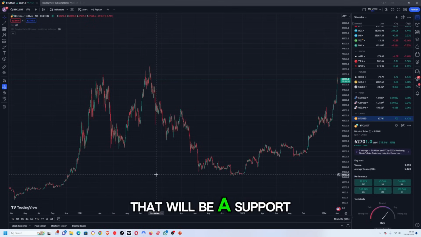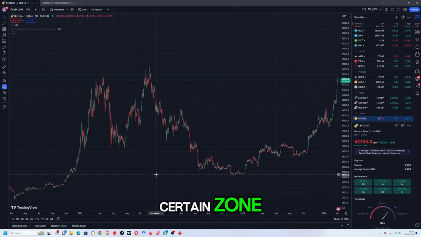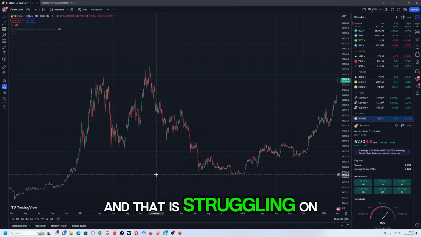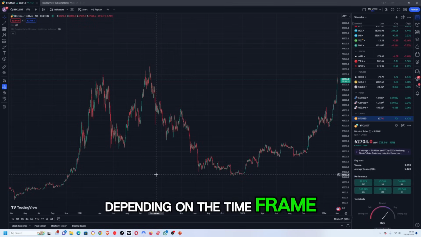That will be a support, and vice versa, the resistance will work the same. A price has reached a certain area of the chart where the price has struggled to move above a certain zone, and is struggling in that area for X amount of days, depending on the time frame you are looking at.